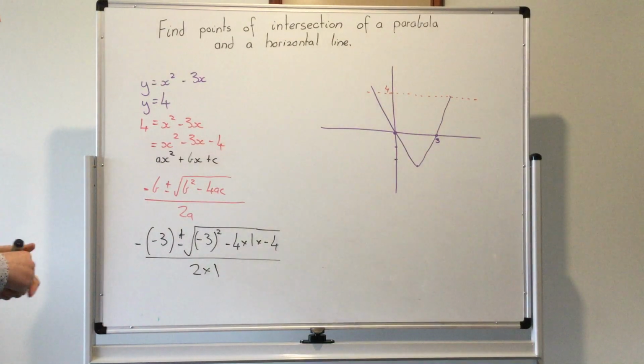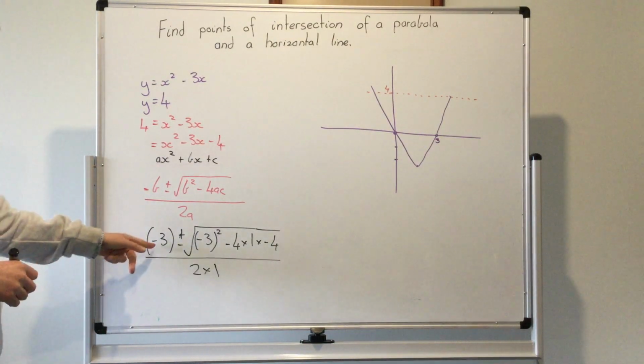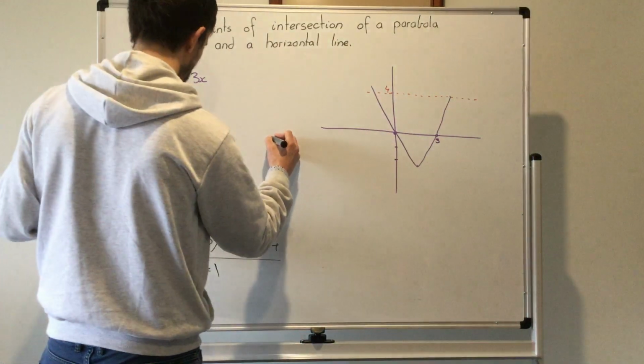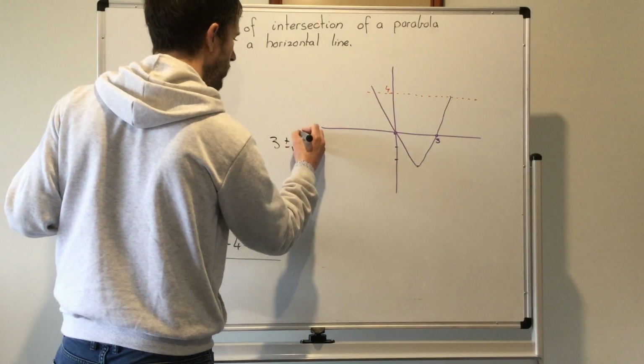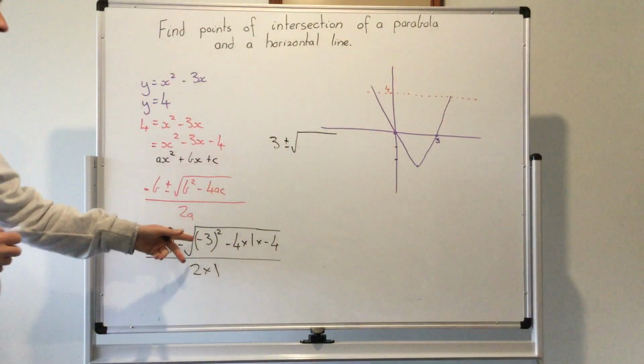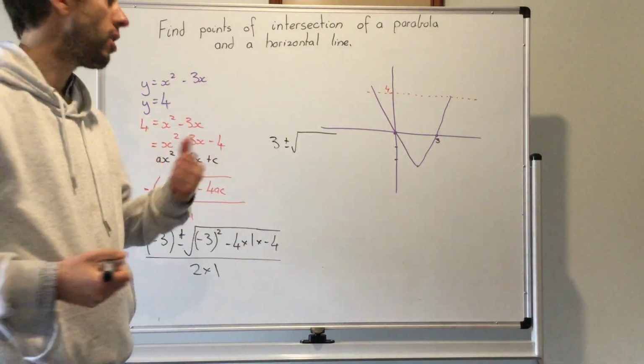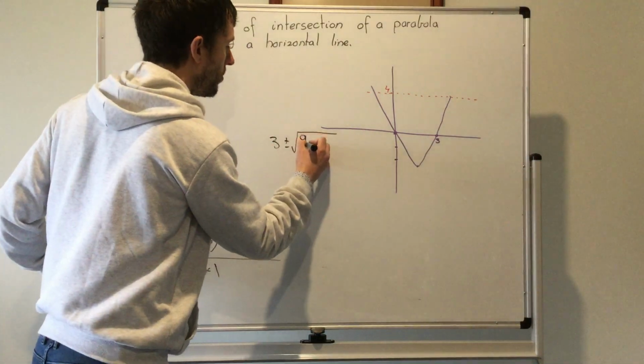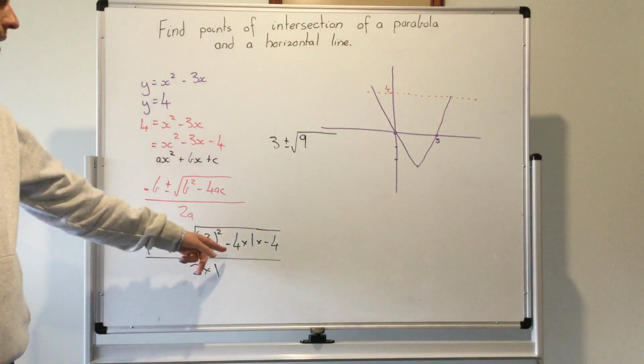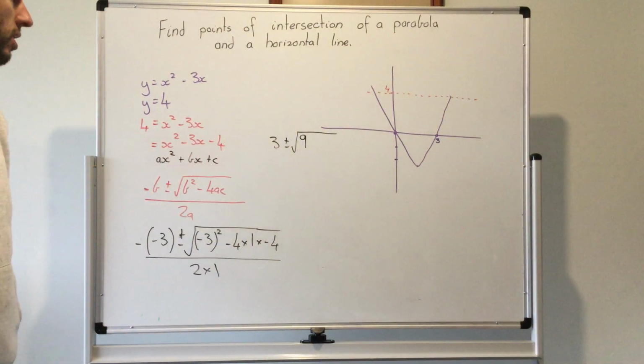So we can simplify our equation. Negative and negative equals a positive, so I've got 3 plus or minus -3 squared. Well, negative and negative equals a positive, 3 times 3 is 9. Then I've got minus 4 times 1 is just -4.